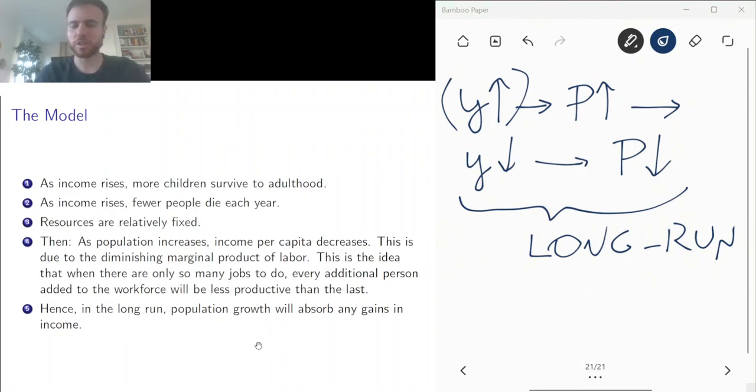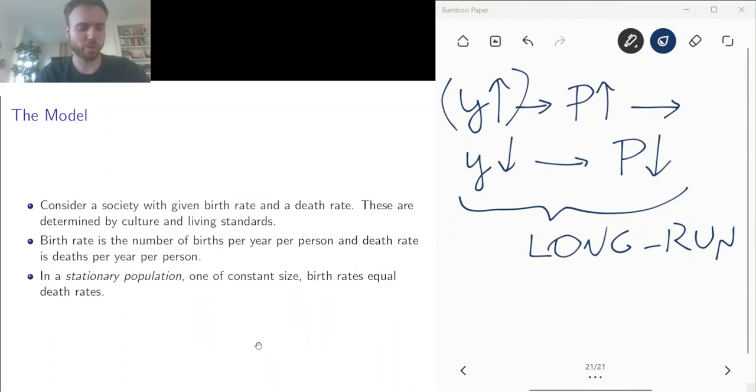Let's now go a little more formal and define things in mathematical terms. Consider a society with a given birth rate and death rate, B and D, determined by culture and living standards.